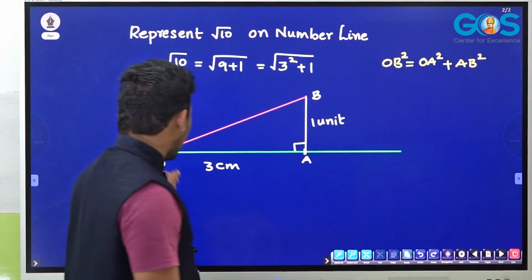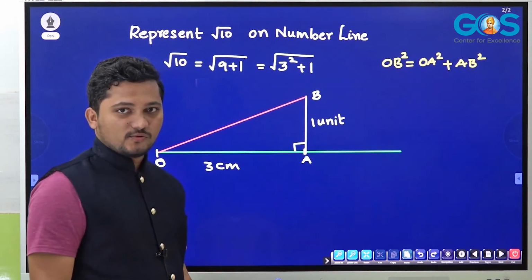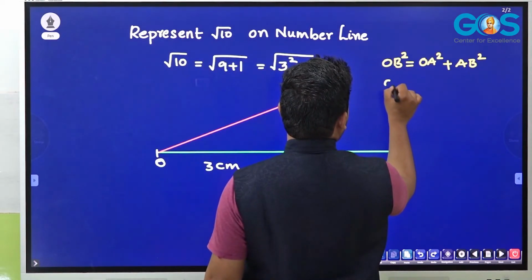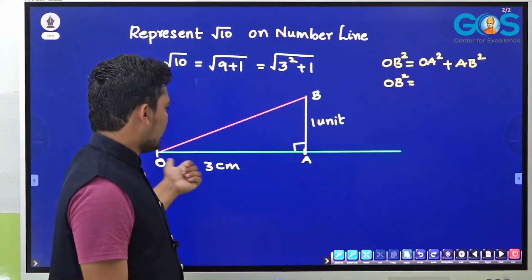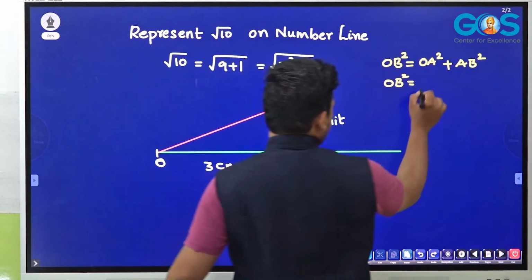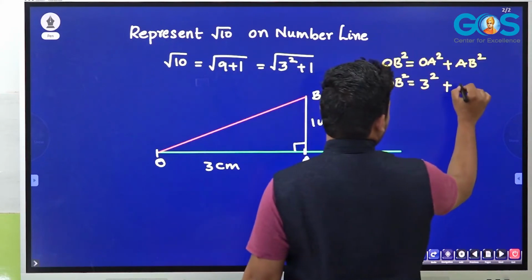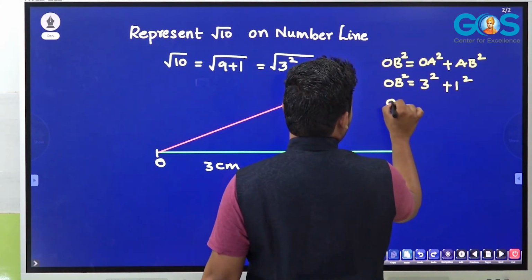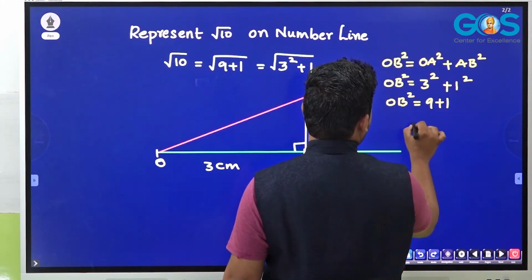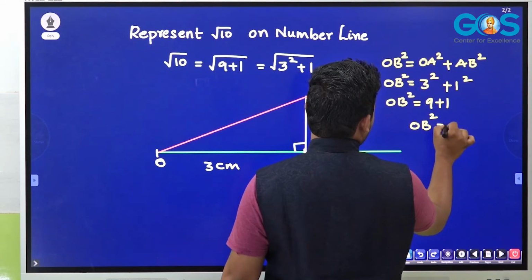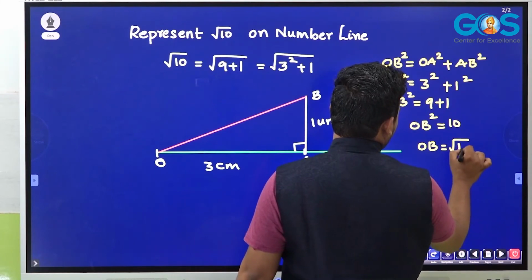What is the distance from O to A? 3 centimeters. That is 3 square plus AB is 1 centimeter, that is 1 square. Then OB square is equal to 3 square is 9 plus 1 square is 1, so OB square is equal to 10. Then OB is equal to square root of 10.